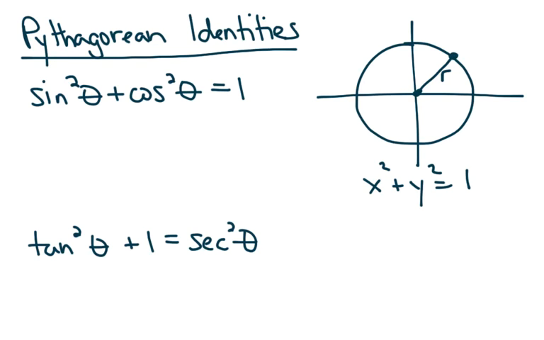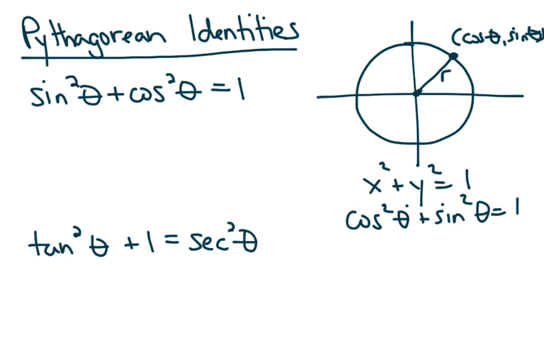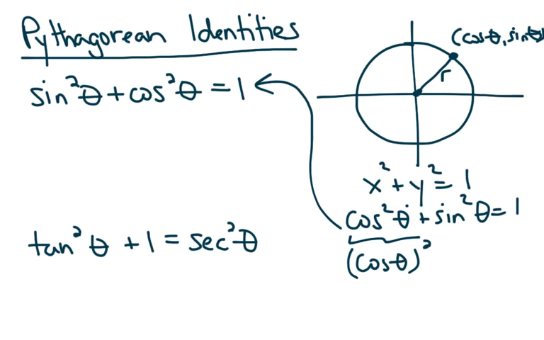But again, we said this ordered pair where that terminal ray hits the unit circle is cosine theta comma sine theta. So really, this is cosine squared theta plus sine squared theta equals 1, which is the same thing as this. Now, we write it as cosine squared theta. It's the same as the cosine of theta being squared.